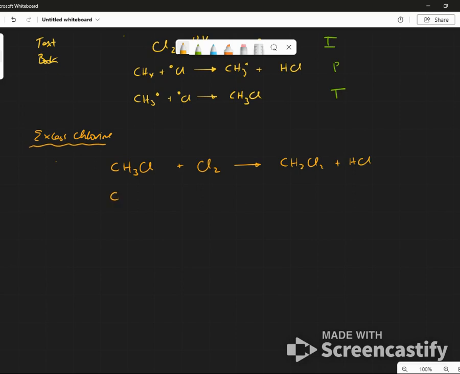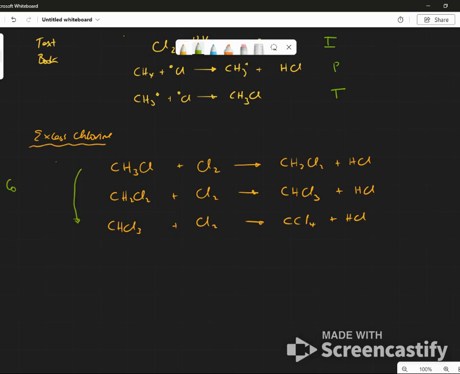Then the CH2Cl2 will react with more chlorine to give CHCl3 plus HCl. Then the CHCl3 will react with more chlorine to give you CCl4 plus HCl.